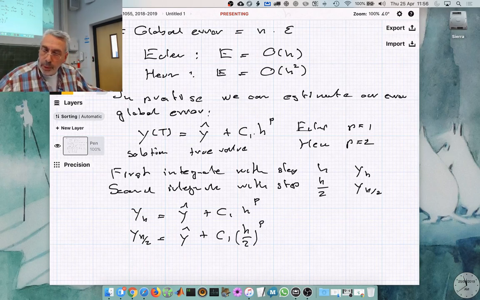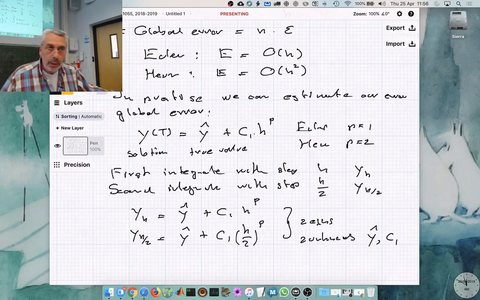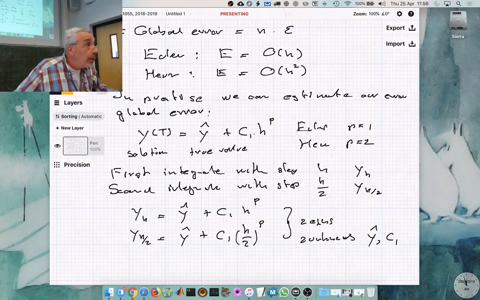Now we see here we have two equations and two unknowns. And the unknowns are y hat and c1. Now we're not so interested in c1, but we are interested in y hat.